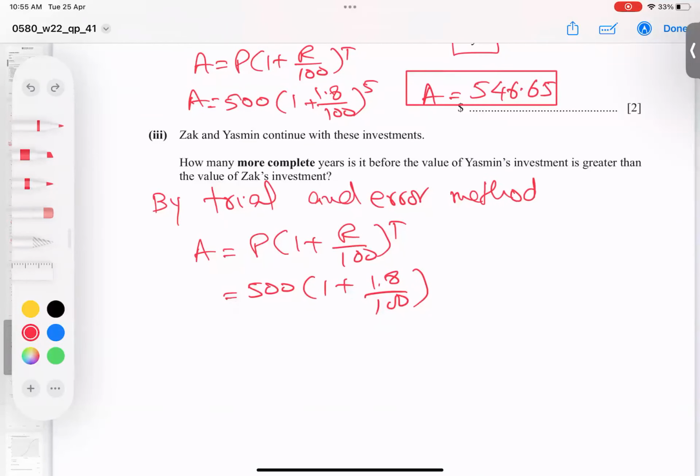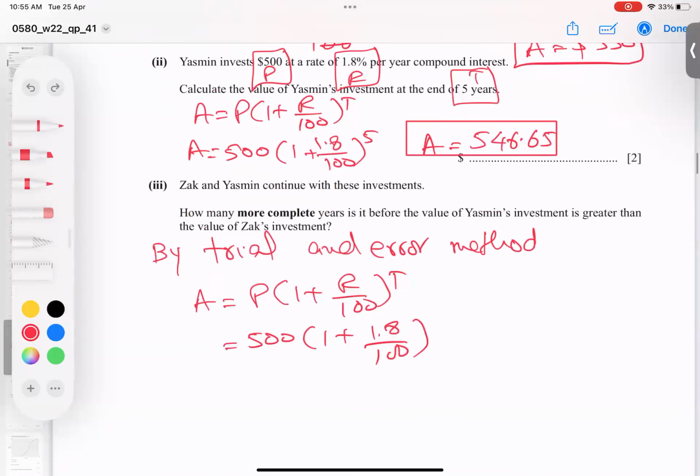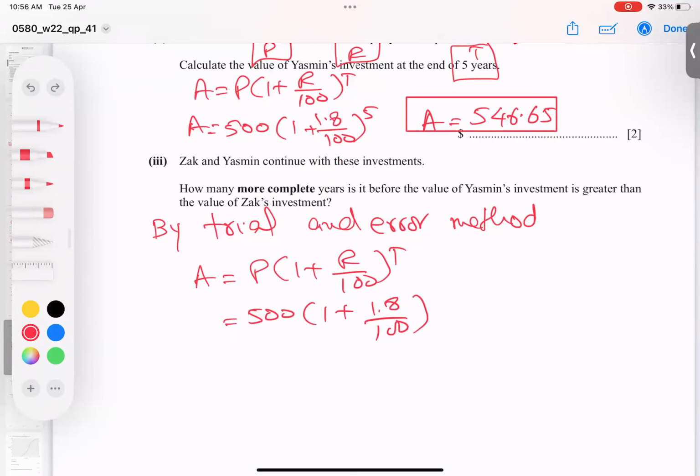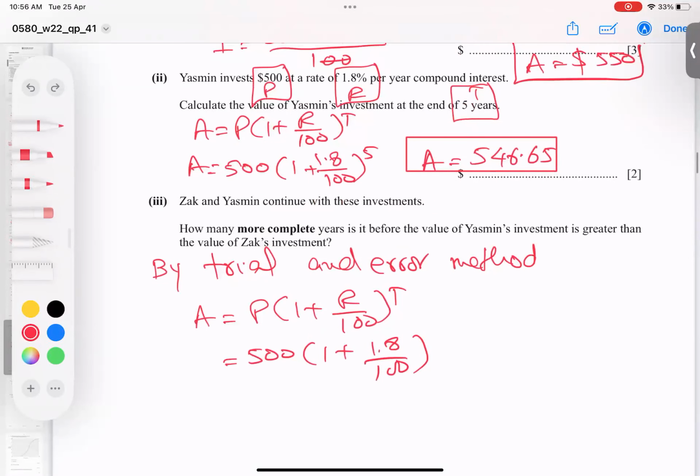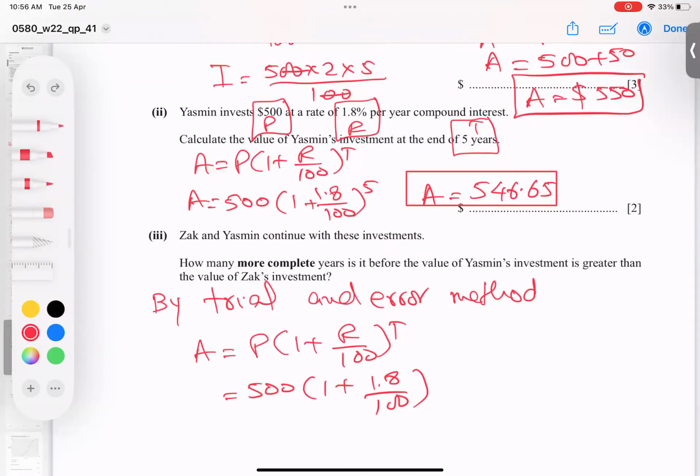So first of all, let me check. 500, yes, 500. We will check what number gives an amount bigger than Yasmin's amount. For example, this is for 5 already. I check with 7. What answer comes with 7? With 7, the answer is 566.51. But for Zach, simple interest, P is 500, R is 1.8, time is 7, over 100.